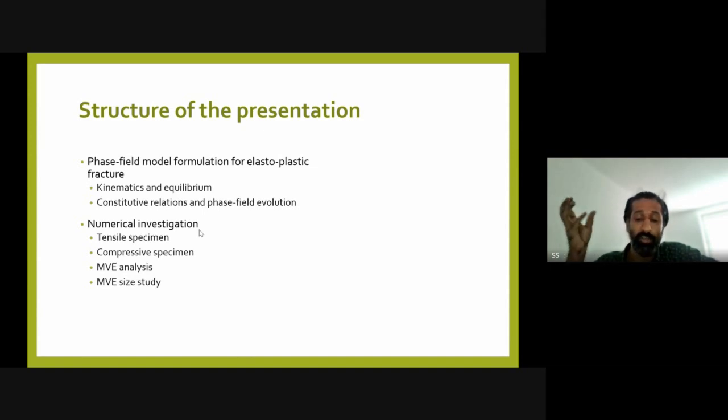So we have not modeled the damage of those fibers, and they have been modeled as linear and elastic. But the epoxy specimen has been modeled as plastic and it undergoes damage. So after the development of the phase field model, we will first discuss those results in the context of epoxy itself, and then we will proceed to the analysis of the microscopic volume element.